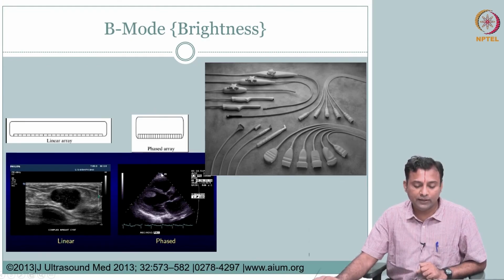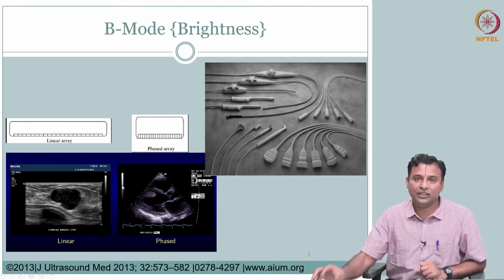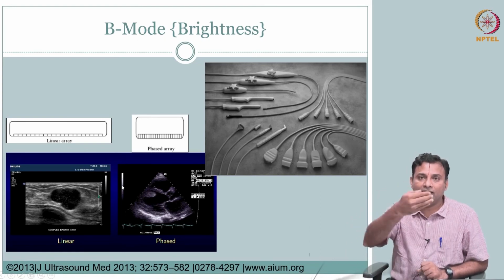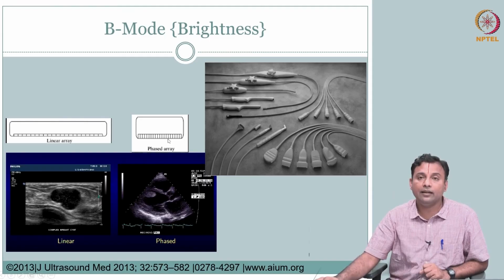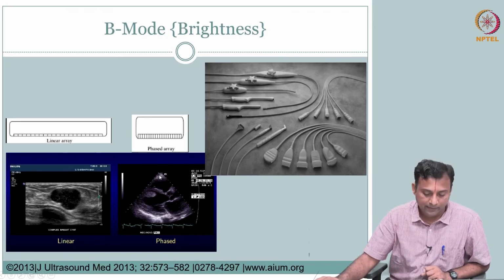What you see here is, you have one A line, you have another A line, you have another A line, each one has been fired at a different angle. So, instead of this mechanical articulation like a sector that we talked about, here the same array is standing there, it is able to send to different directions and collect A lines. So, let us see how it is done.